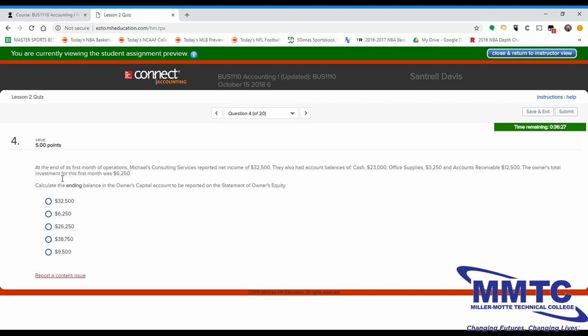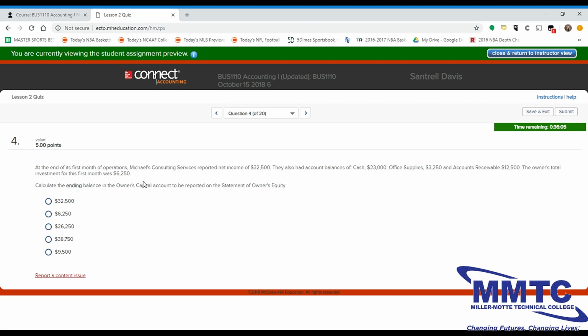The owner's total investment for the first month was $6,250. Okay, he invested $6,250. Calculate the ending balance in the owner's capital account to be reported on the statement of owner's equity.